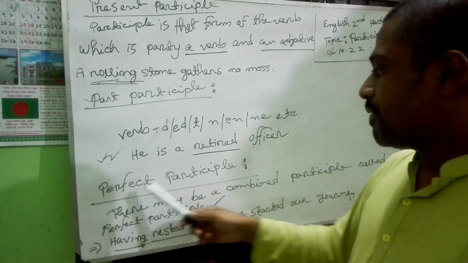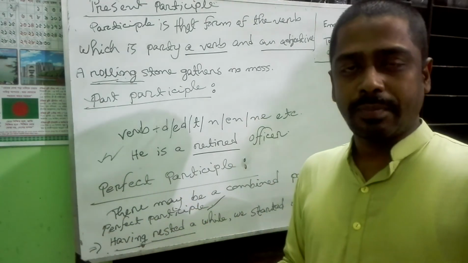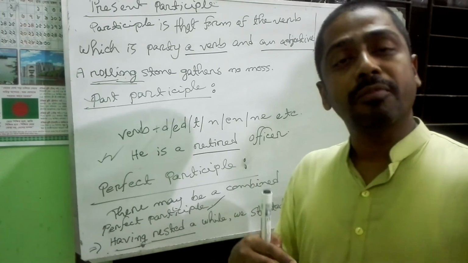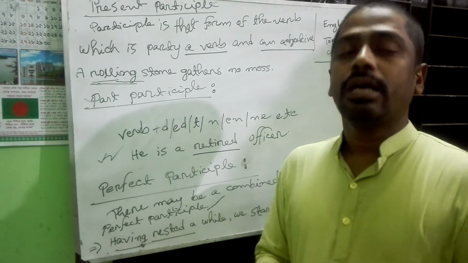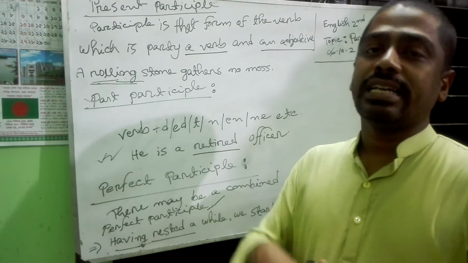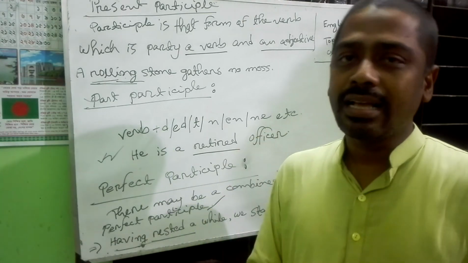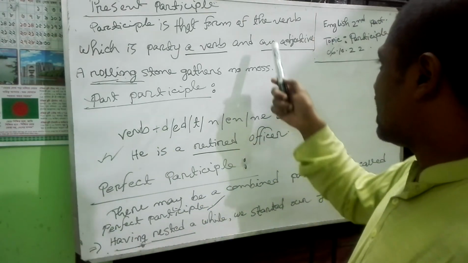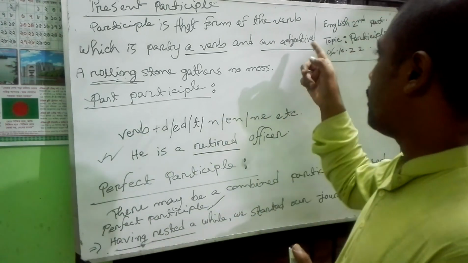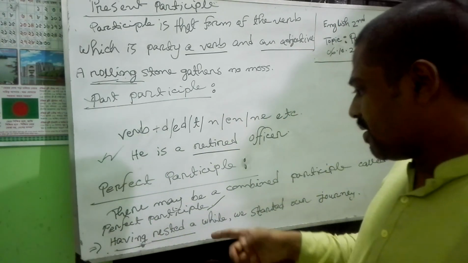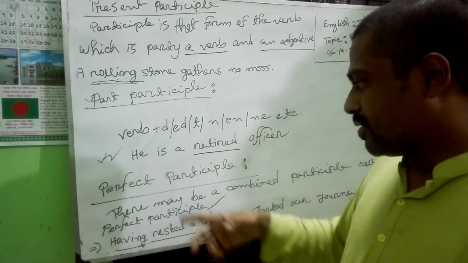And perfect participle? Before the past participle form of a verb, having is added, and it expresses the meaning of a verb and an adjective.